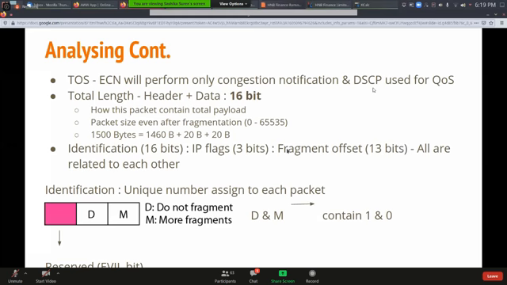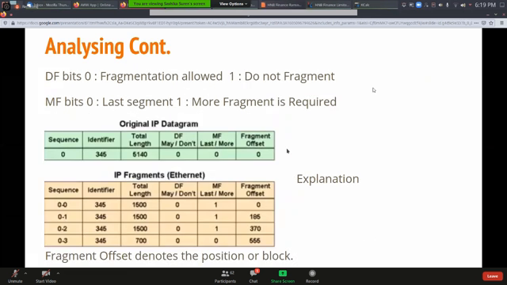Okay. So I'll take an example here to explain the fragmentation offset: why we are going to use the fragmentation offset and where we are going to use it. Just take this as an example.